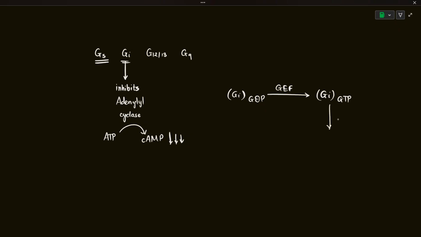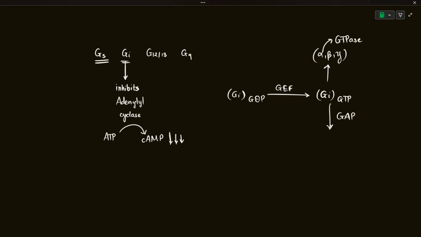And on the GTP, now the GAP will work, the GTPase activating protein, which is the regulatory protein. So this GAP will work on the GI protein, where the GTP will be hydrolyzed, because this GI protein is a heterotrimeric protein which has alpha, beta, and gamma subunits, and the alpha subunit has the GTPase activity, right?